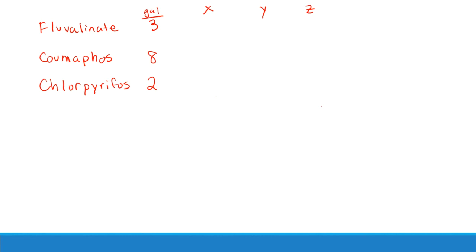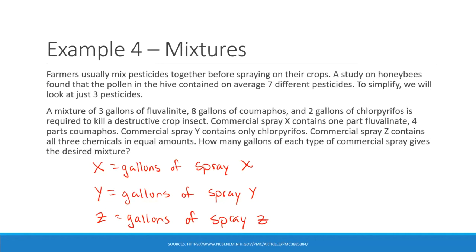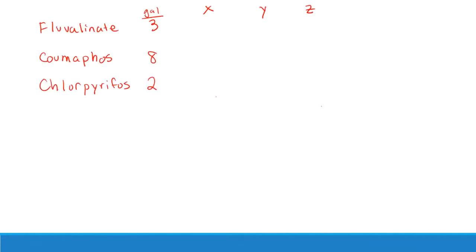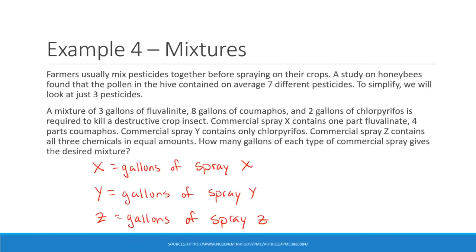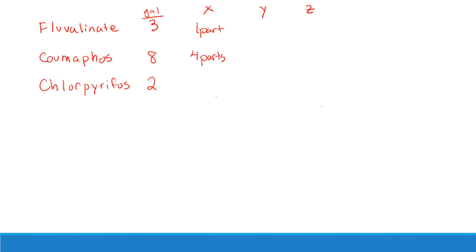So X, I go back to my other slide, it said X contains 1 part fluvalinate and 4 parts coumaphos. So 1 part and 4 parts. I'm just going to list. So X is made up of 2 of those chemicals. Y contains only chlorpyrifos. So I'm just going to say it has 1 part of chlorpyrifos and nothing of anything else.